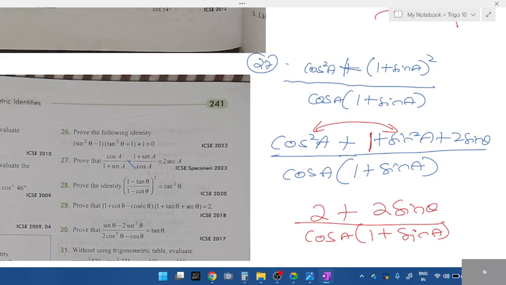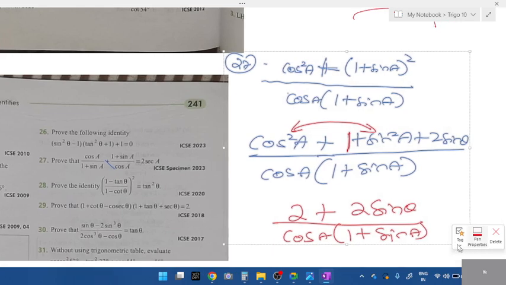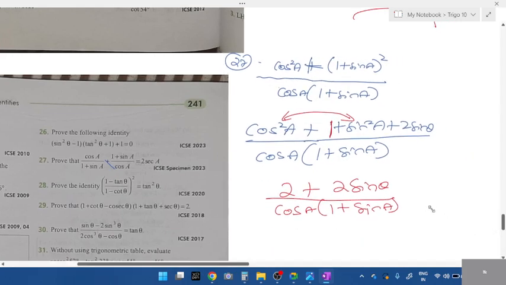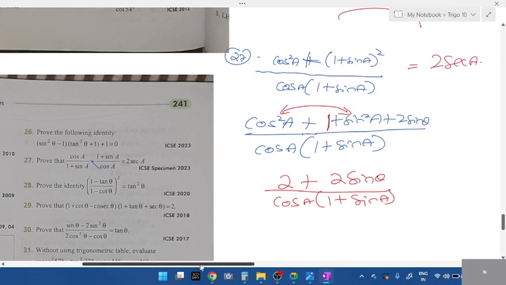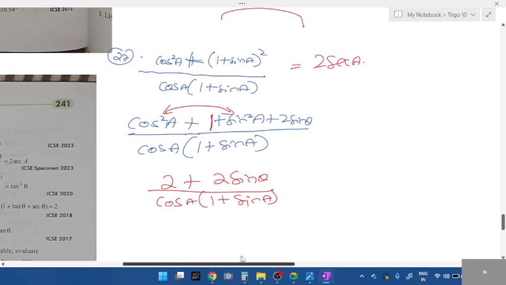Amy, even like that you could have done. Cos square you could have converted into sin square so that it gets cancelled. Got it? Okay. So denominator you can take two common, students. Right hand side, 2 sec A. Anya, are you doing it? Abigail, Anya, getting the answers?